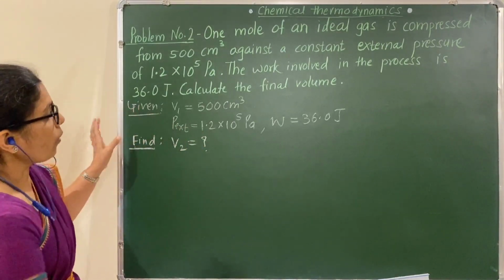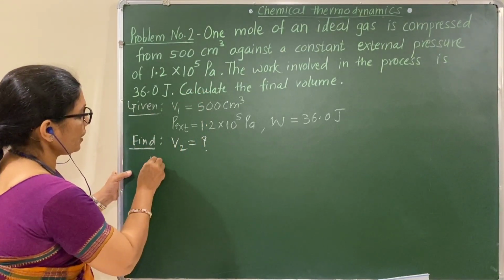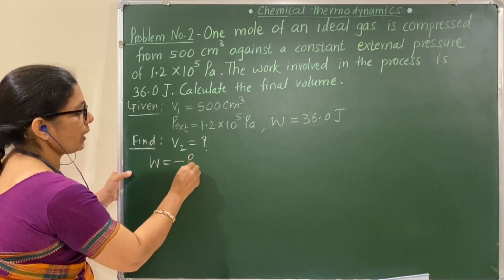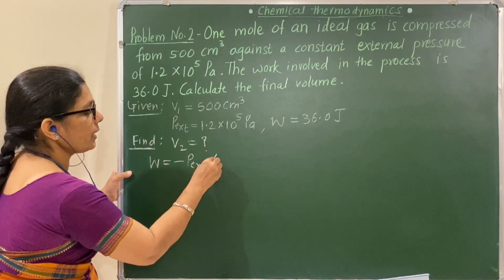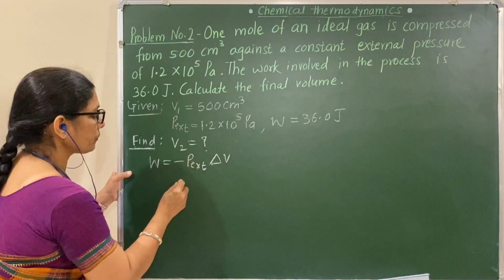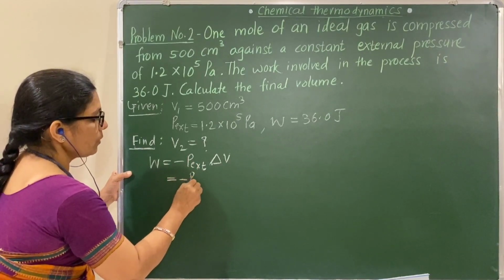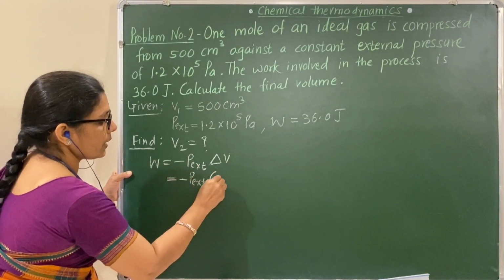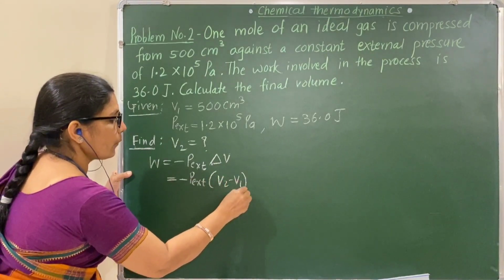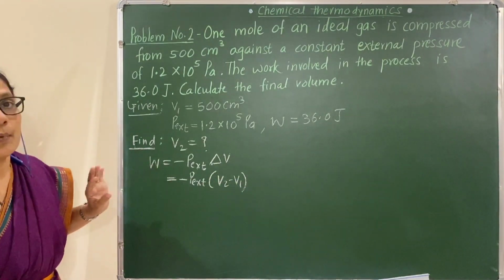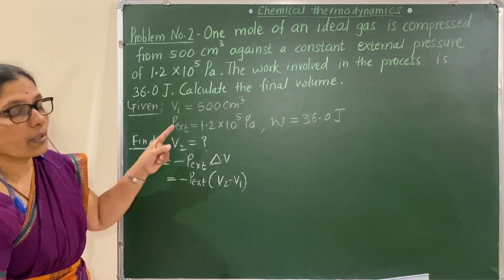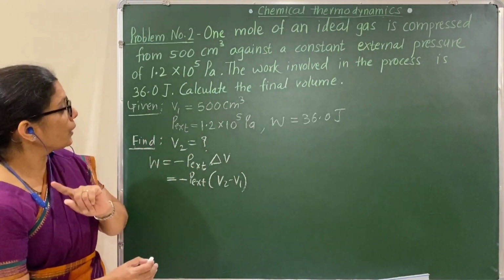Okay, now external pressure is constant, therefore W is equal to minus P external delta V, that is P external V2 minus V1. Now substitute the values. Before substituting the values, convert into the required unit.